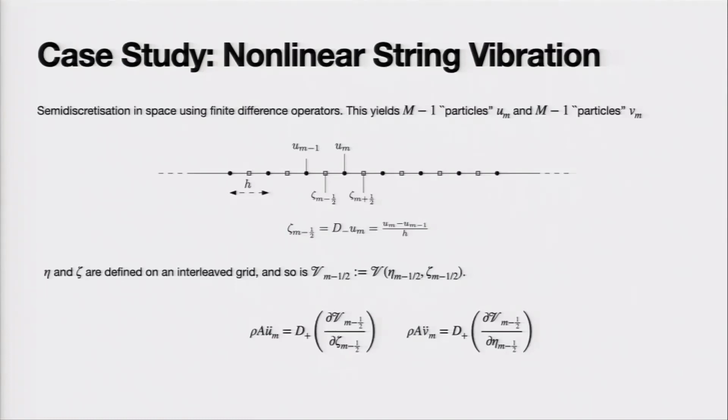And all of a sudden, from a continuous system, you end up having a bunch of particles, UM and VM, because you're just considering a discretization of them. So if you do that, you end up with the same differential equations as before, only that now U and V are vectors that only depend on time because we got rid of space using finite differences.